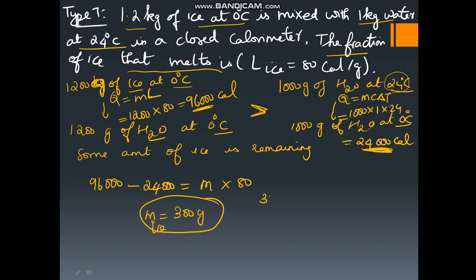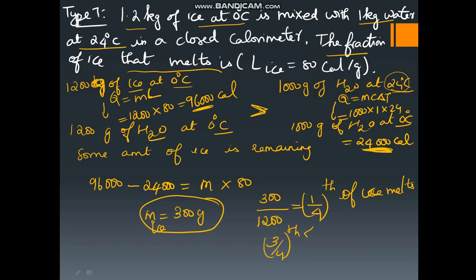So 300 gram divided by the total initial mass of the ice, 1200 gram, so 1/4 of the ice melts, and 3/4 of the ice remains.